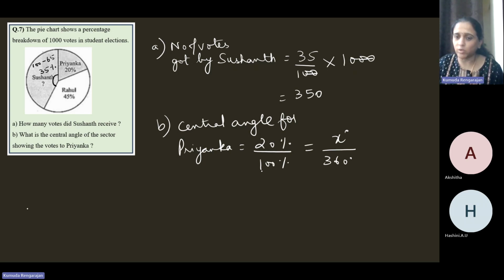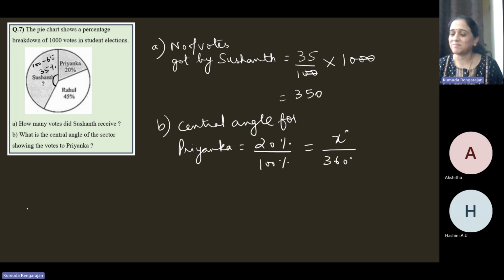Isn't it rhyming? You should feel the rhyme. In the numerator, they are the details for Priyanka: 20% for Priyanka, X degrees for Priyanka. In the denominator, it is the total: 100%, 360 degrees.